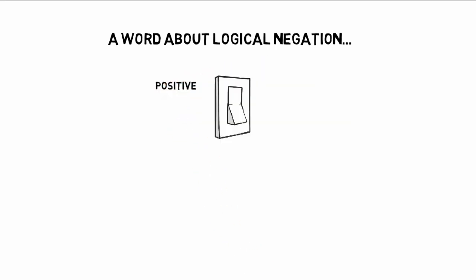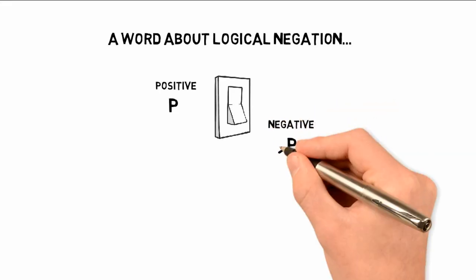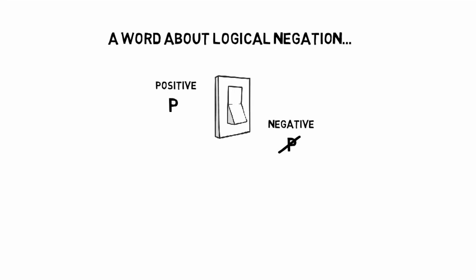So if we have something positive, let's say P, then when we negate it, it becomes negative, it becomes not P, and of course it goes in the reverse. If we negate not P, then it goes back to being P. It's just like a light switch. It's turned on, it's turned off. So we have P, then we have its negation, which is not P, but the negation of not P goes back to being P. And it just alternates back and forth like that.